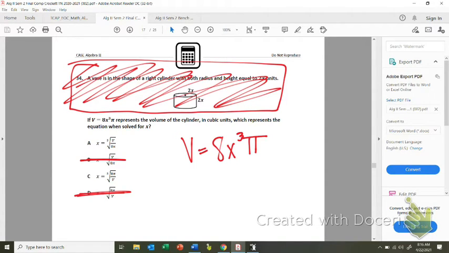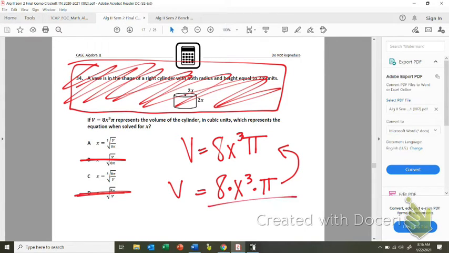All right, now is this the same thing as this? Right? All I'm saying is I just split them up. 8 times x cubed times pi. So if I'm trying to get x cubed by itself, what 2 things do I need to get rid of? 8 and the pi.